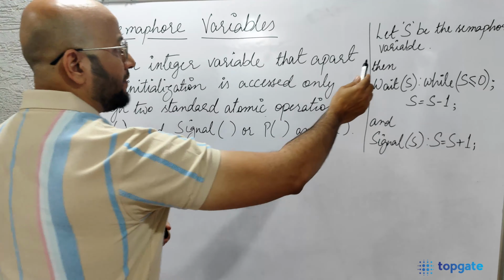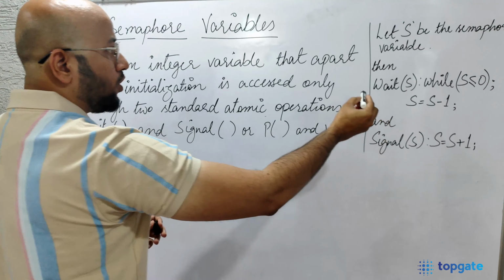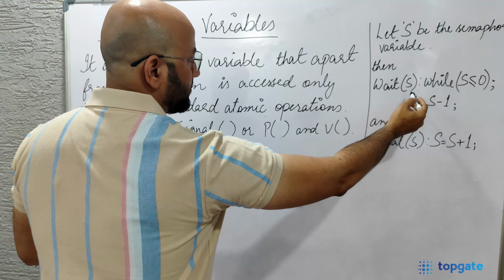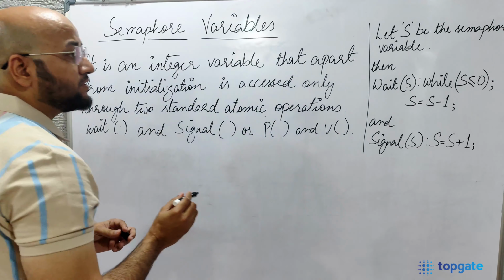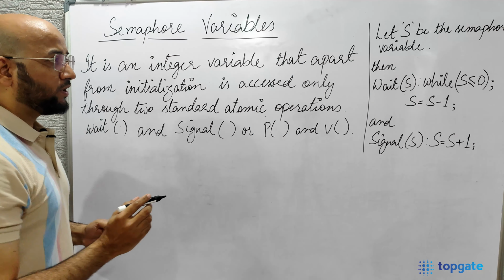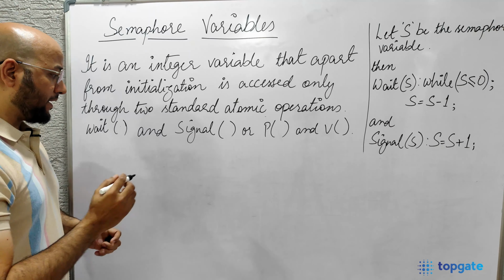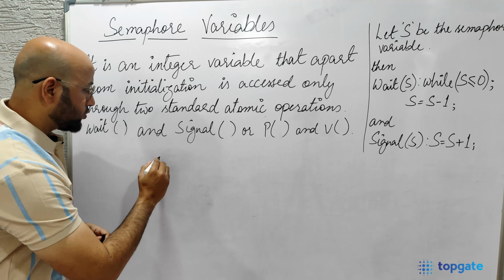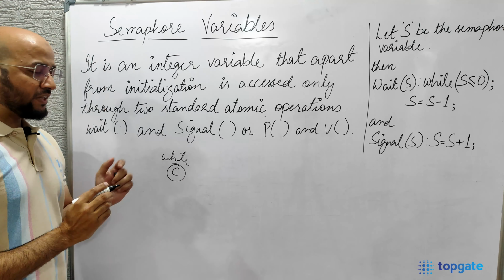Let's suppose the semaphore variable we have is S, and on this S the wait operation is performed. The wait operation says: while S is less than or equal to 0. What does that mean? We all know how a while loop works. We have a condition and we check it.